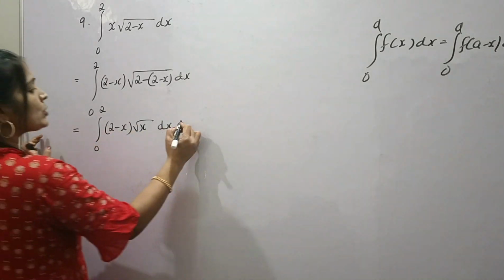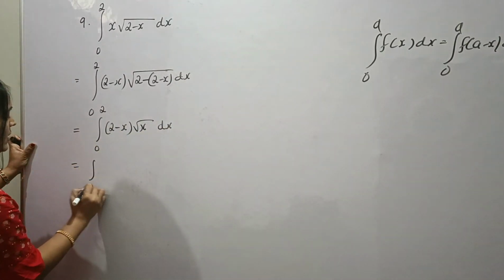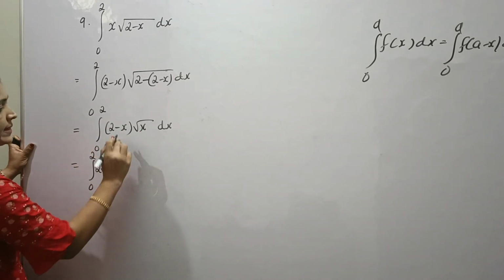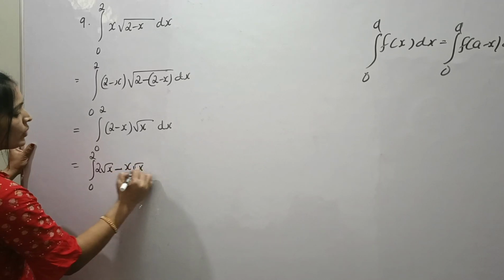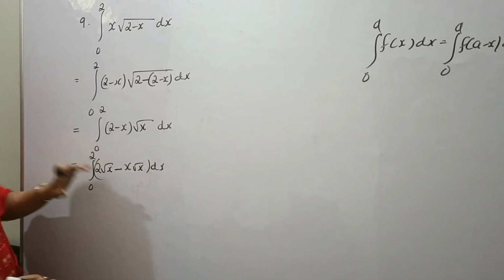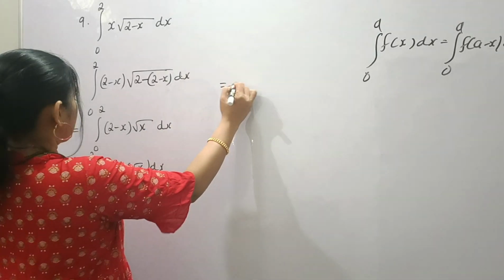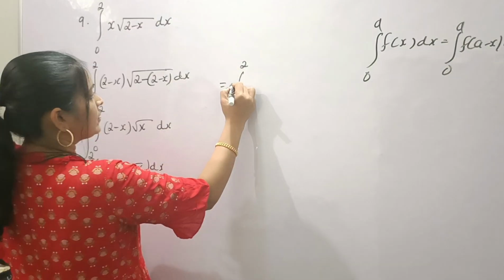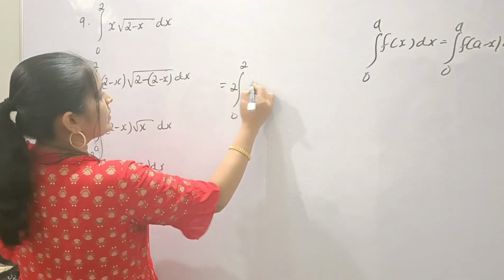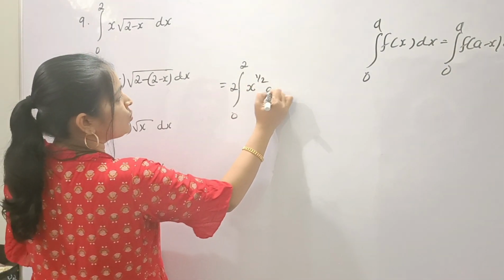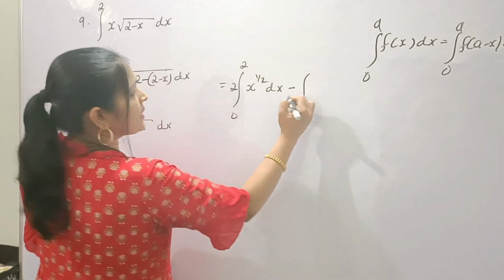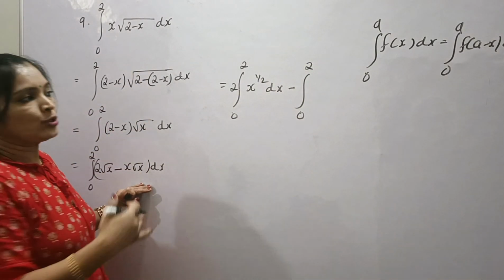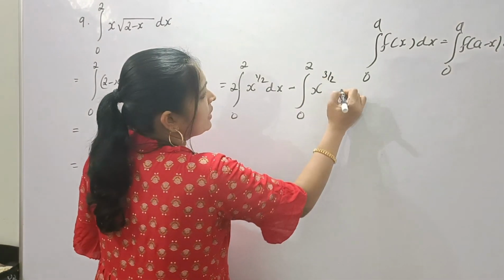Now let's expand it. So here it will be integral 0 to 2, 2 root x minus x into root x dx. Now we can integrate it, right? That is integral 0 to 2, here we can take 2 outside. So root x is x raised to 1 by 2 dx minus integral 0 to 2 x into root x, that is x raised to 3 by 2 dx.